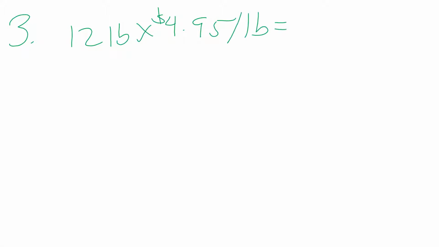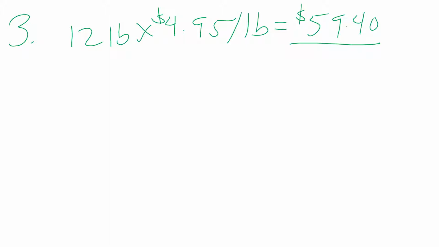So there's a lot of different ways we can tackle this, but the simplest way is to figure out the total cost of your brisket and divide by the number of portions you have. Okay. So in this case, we have a 12-pound brisket times $4.95 per pound, and that gives me $59.40. $59.40. That is my total cost. Okay? But remember, whenever you're thinking about cost per portion, whenever you hear that word per, what does that word per mean?